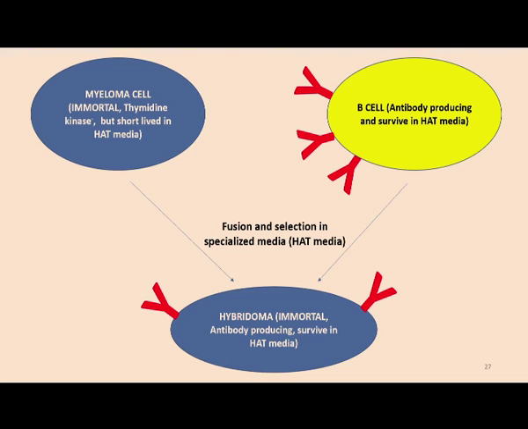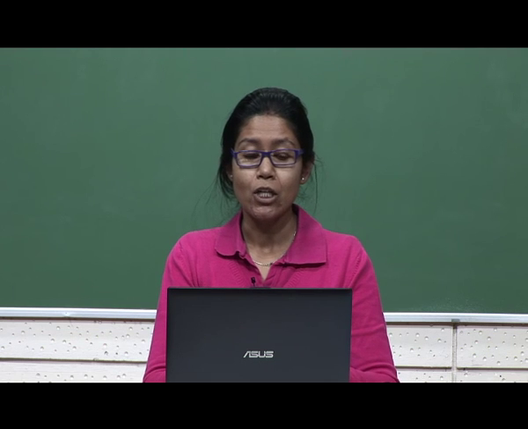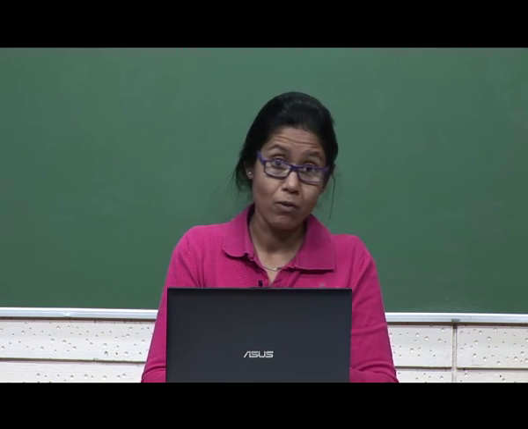So, they will not be able to use these intermediates to produce their own DNA. However, these B cells are TK positive, and therefore, they can grow and survive in the HAT media. So, this is a selection criteria to ensure that your myeloma cells do not survive in the end, because they will not be able to grow in the HAT media.